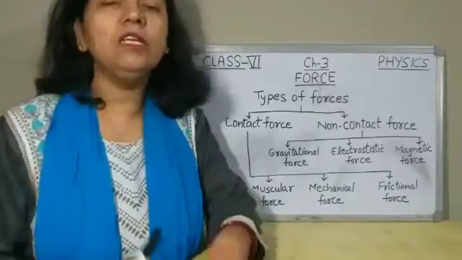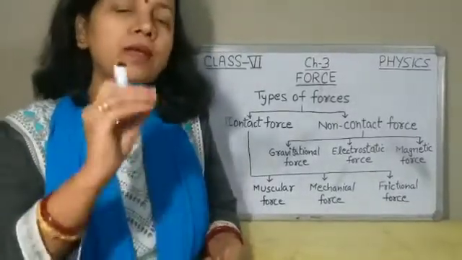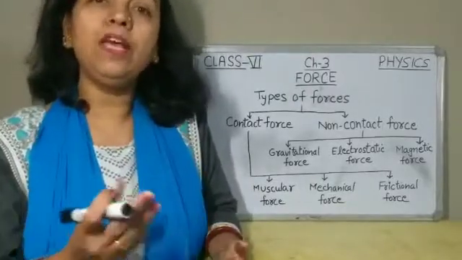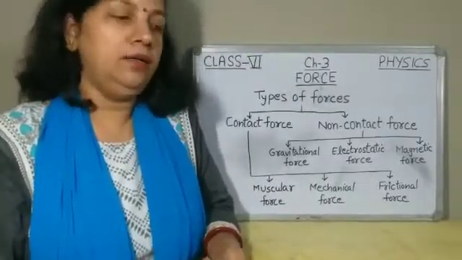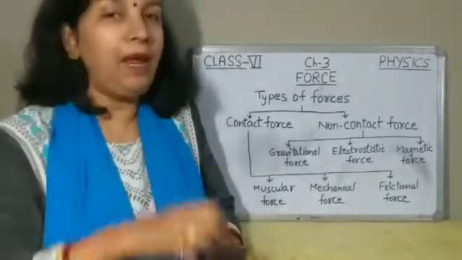Now the second one is electrostatic force. Electrostatic force you can understand by a simple experiment. You might have done that experiment. Take some small pieces of paper and a plastic comb.